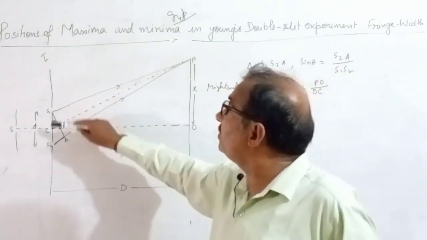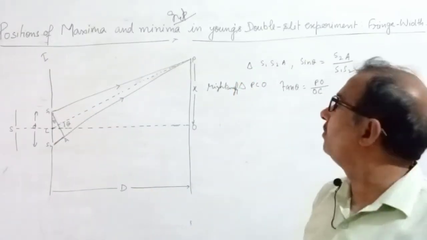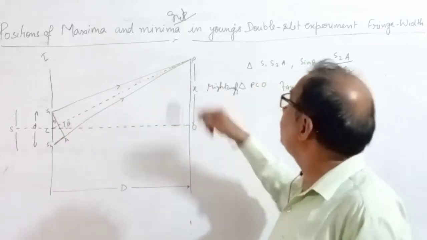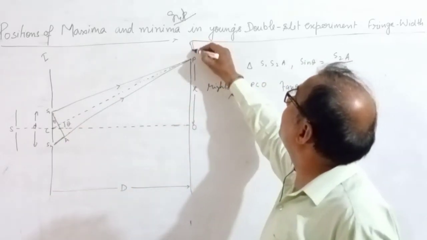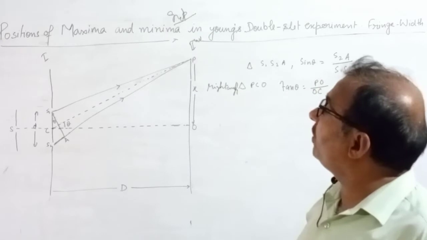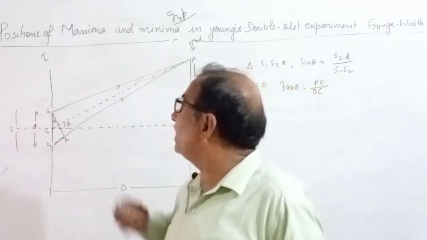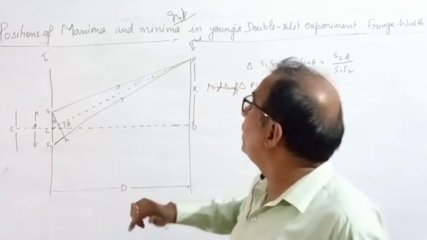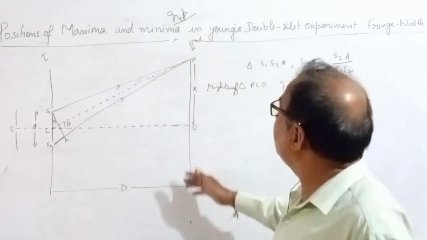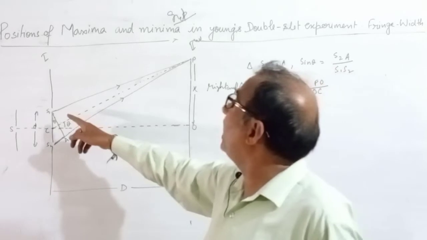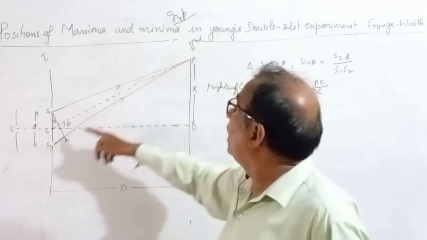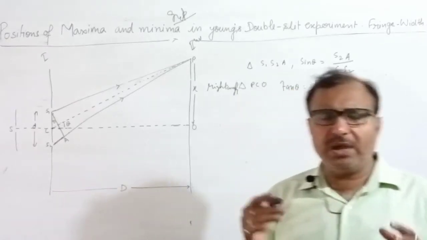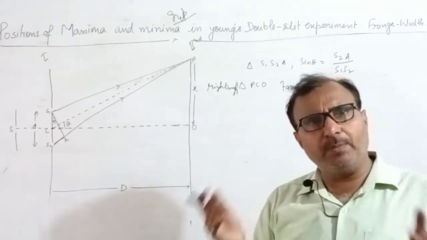S1, S2 is the distance between two slits, taken as small d, and distance between first screen to second screen, suppose that second screen, is capital D. Again I want to repeat, you have a light source, from that light falls on slits S1, S2. Now after that another screen here, when this light travels from S1 and S2 it reaches at P. At P, these waves can meet in same phase or in opposite phase.